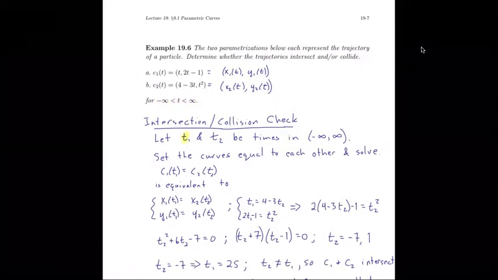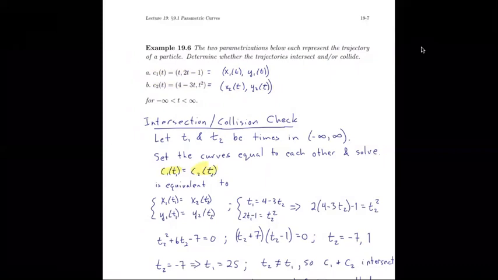Now we let there be a T1 and a T2 corresponding to the first particle's trajectory and the second particle's trajectory, respectively. And what we do with this is we plug T1 and T2 into each of those equations. So we rewrite them as follows, and then we set those two equations equal to each other.